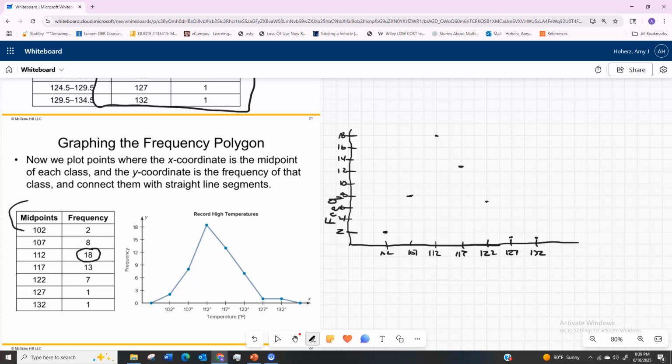And then we go back and we connect those dots, if I can get them to connect decently. There are supposed to be straight line segments between those points. You can see from their pretty graph what it's supposed to look like.